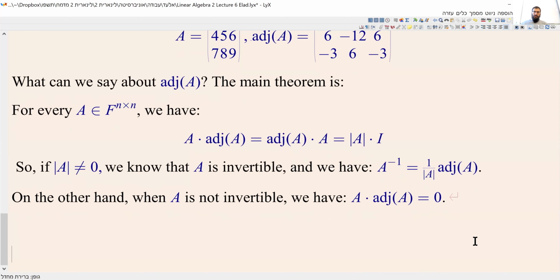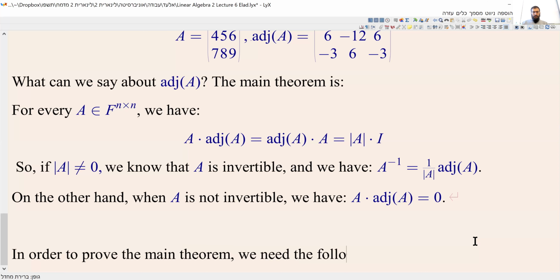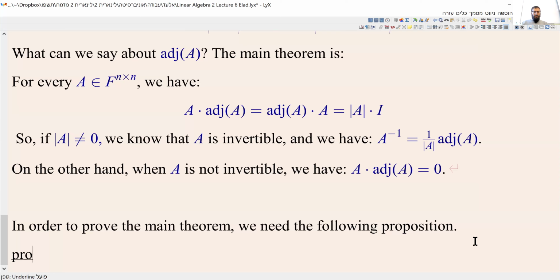So, in order to prove the main theorem, we need the following proposition.